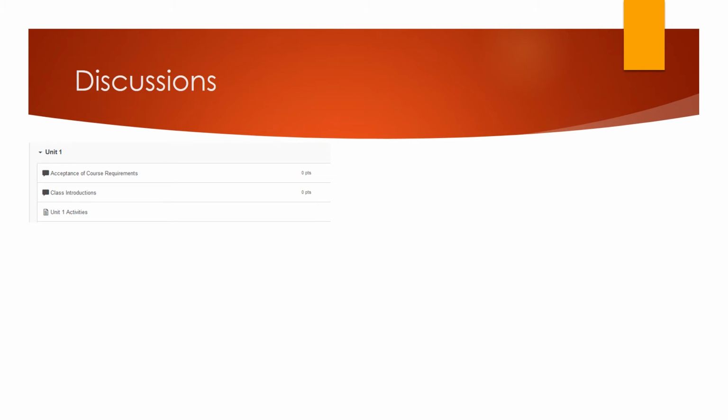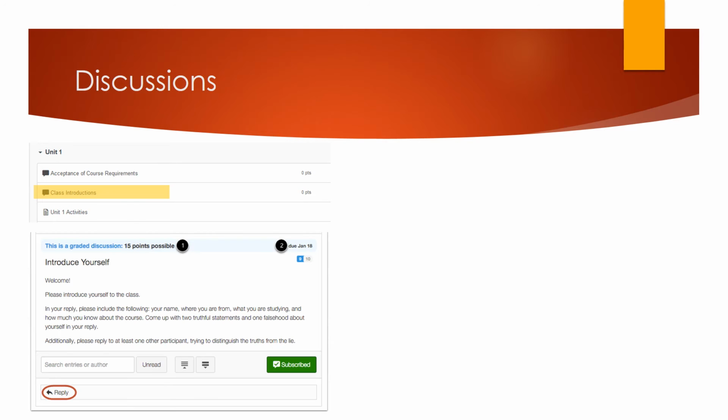Let's say I wanted to submit a discussion. We'll use the class introduction discussion for this example. Once again, I'd go to the unit where this discussion was and click on it to open it. Once I open it, at the top, I will see if it is graded, how many points it's worth.